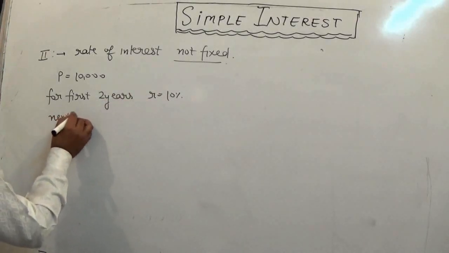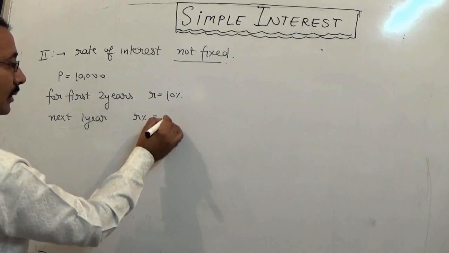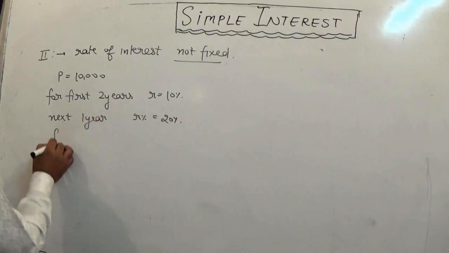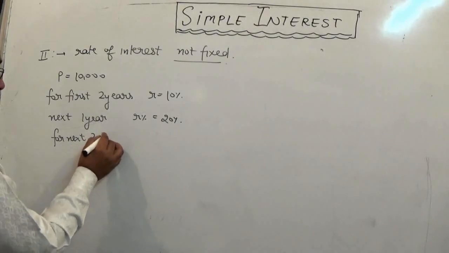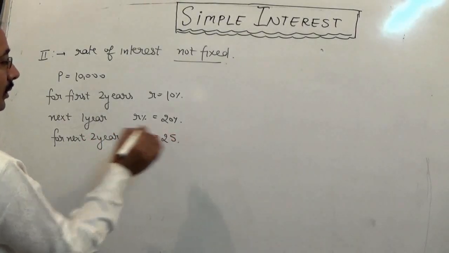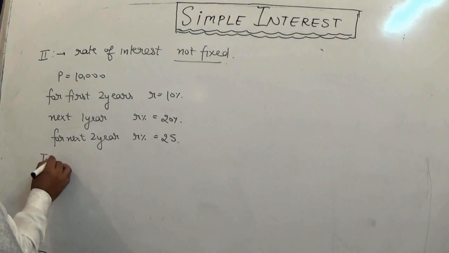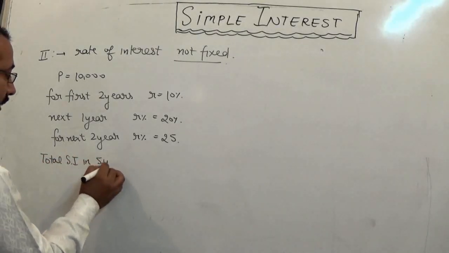For the next 1 year, rate of interest is 20%. For the next 2 years, rate of interest is 25%. So I have to find out the total simple interest in 5 years. That's my statement.